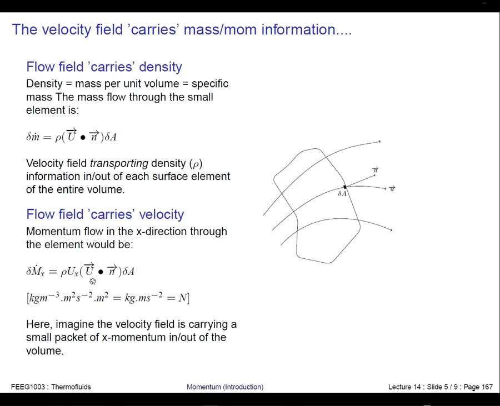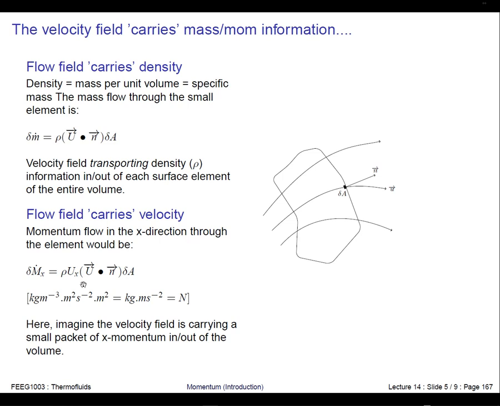So this u dot n is the thing that's carrying information, and this rho ux is the information, in the same way that this rho is the information up here.